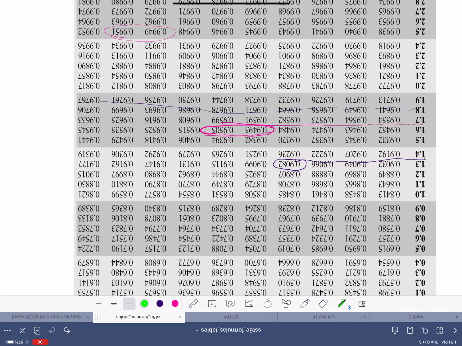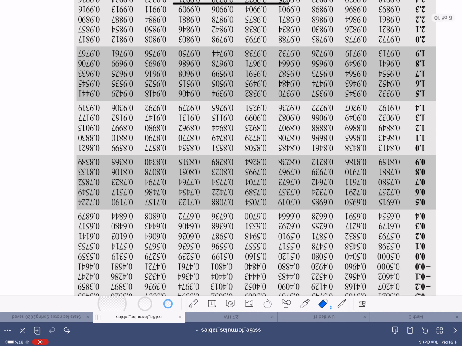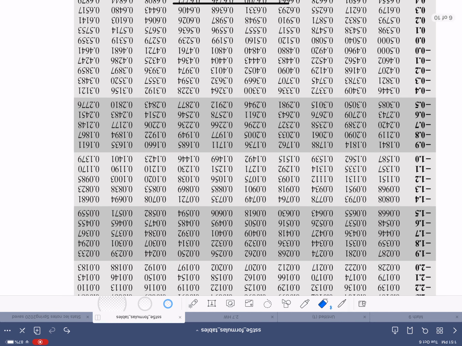So 0.1500, let me clear the table really quick. 0.1500, and let's see, I see 0.12 here, 0.14, 0.1587. Okay, so it looks like 0.1500 is somewhere here. Which one is closer to 0.1500?